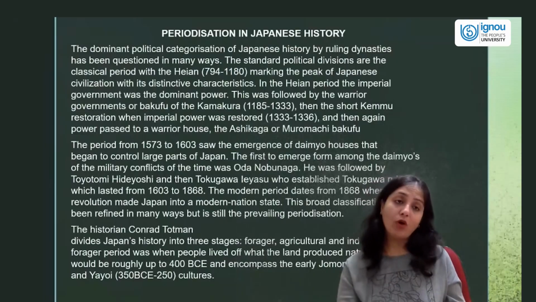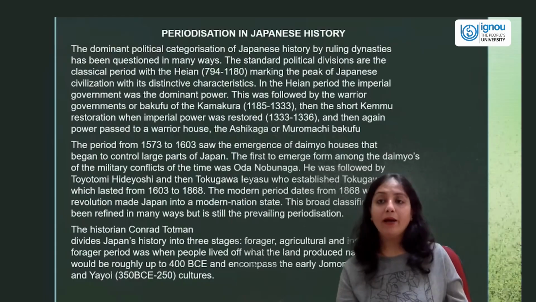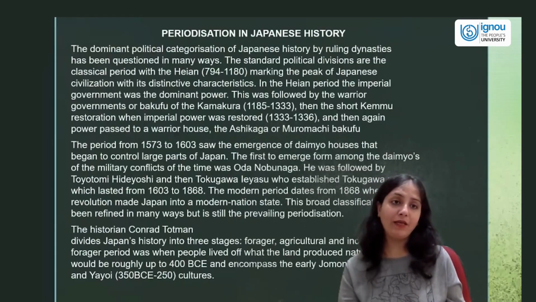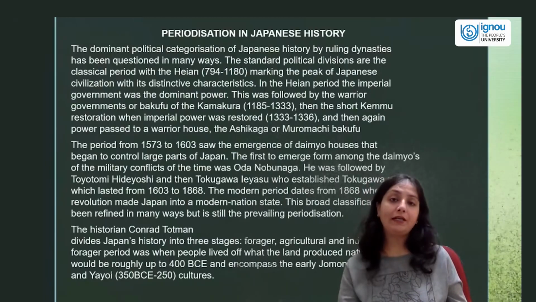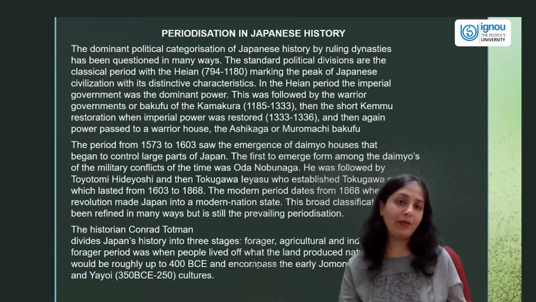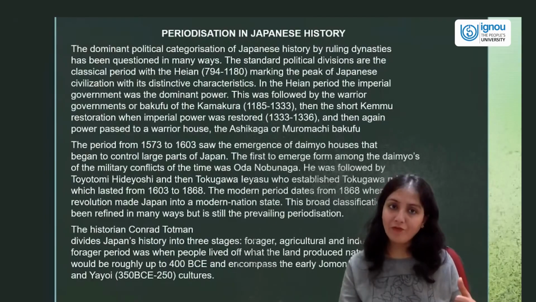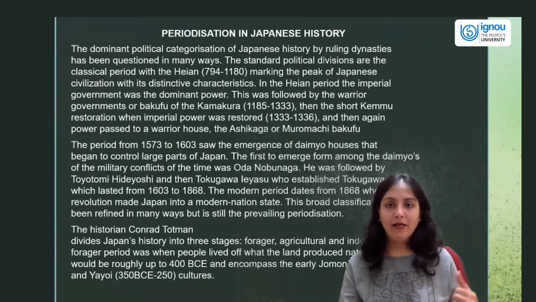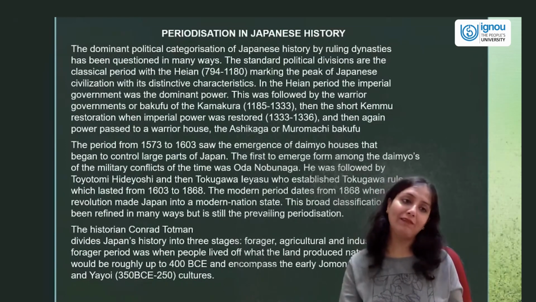The dominant political categorization of Japanese history by ruling dynasties has been questioned in many ways. The standard political divisions are the classical period with the Heian period, 794 to 1180, marking the peak of Japanese civilization.